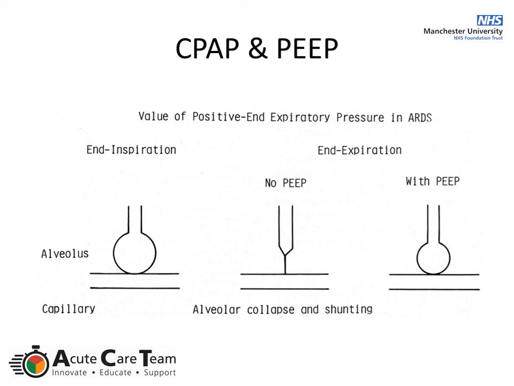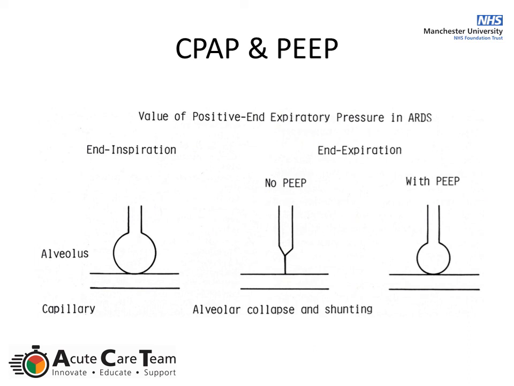So CPAP stands for Continuous Positive Airway Pressure, and it's a type of positive airway pressure where airflow is introduced into the airways to maintain a continuous positive pressure to constantly stent the airways open, and this is in people who are spontaneously breathing. So positive end expiratory pressure, or PEEP, is the pressure in the alveoli above atmospheric pressure at the end of expiration.